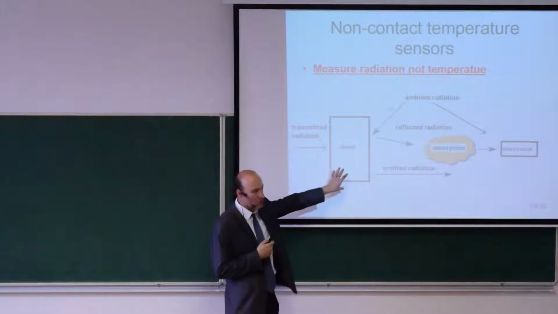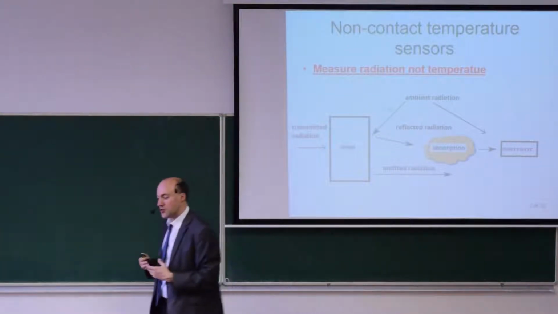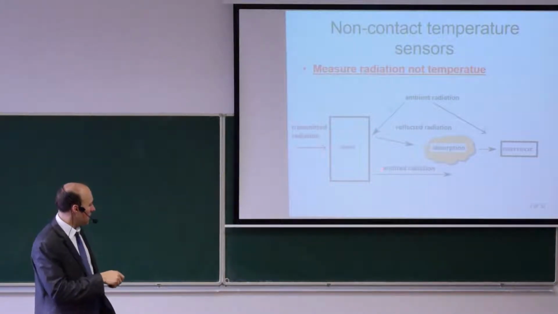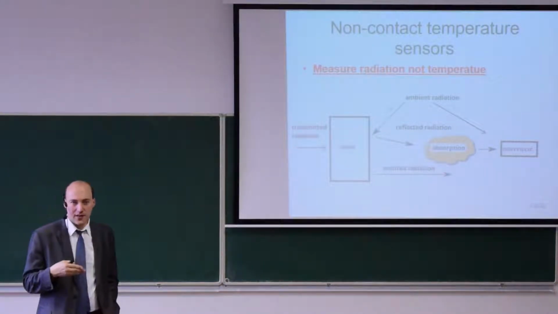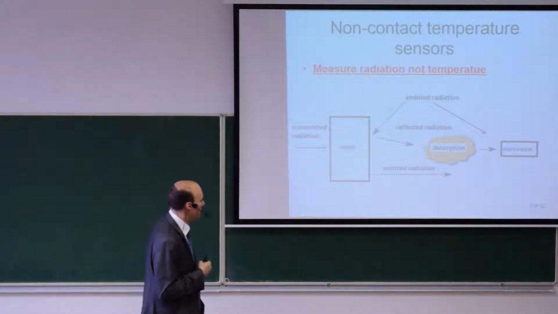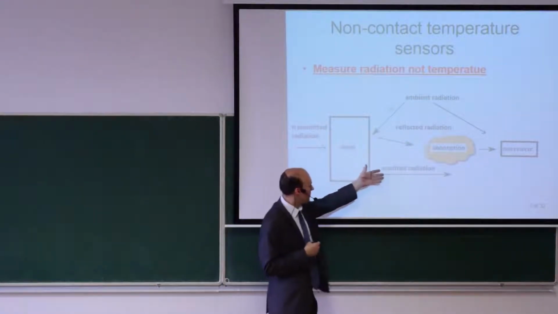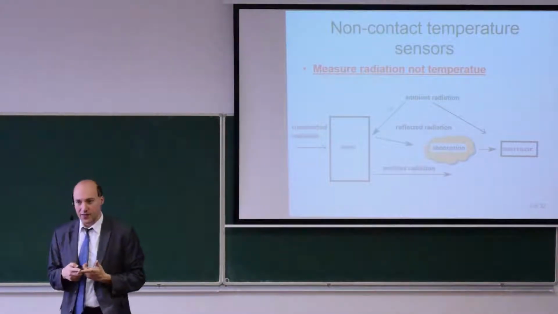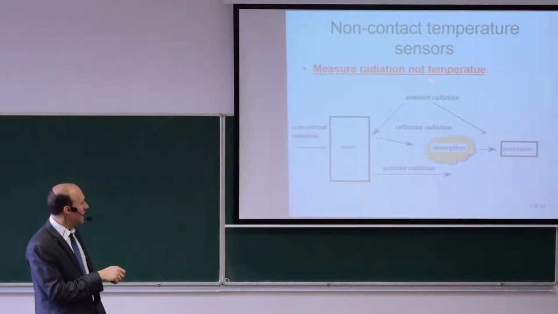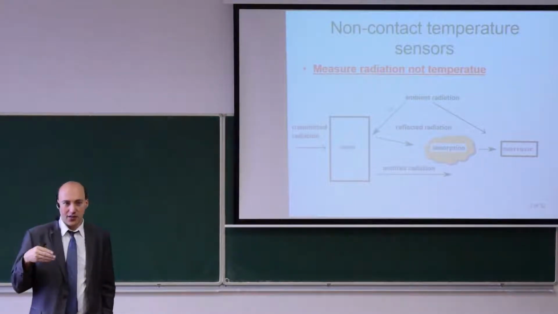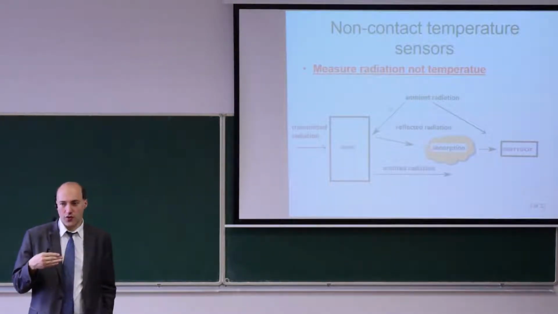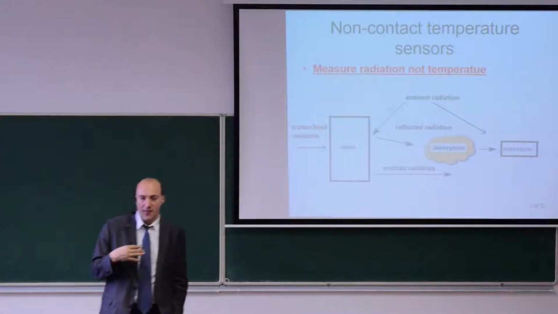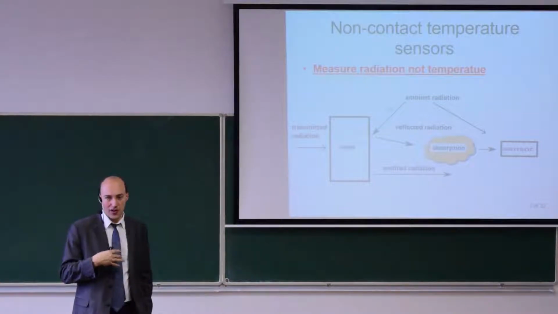So let's say we have an object and we want to measure the temperature of this object. The temperature of this object will influence how much this object will radiate, and this will be measurable in the emitted radiation. But if you have some ambient radiation, you may have some reflections from the object, and you may receive the ambient radiation directly to the sensor as well.